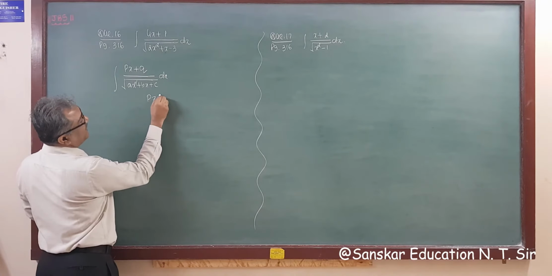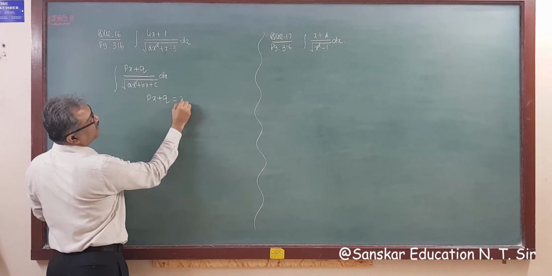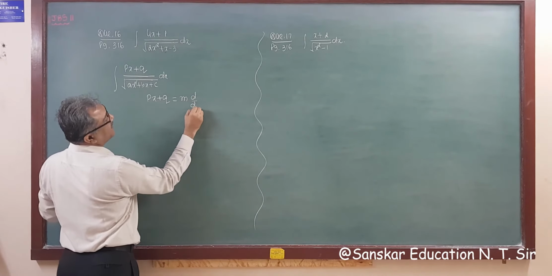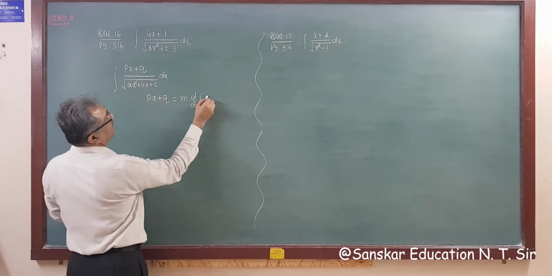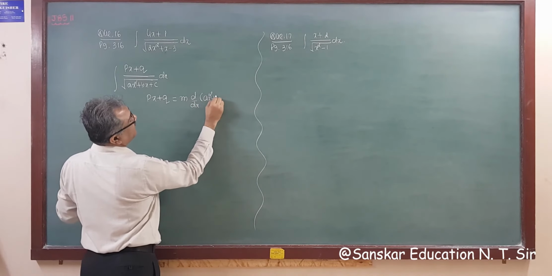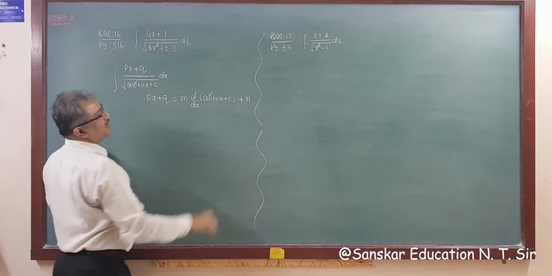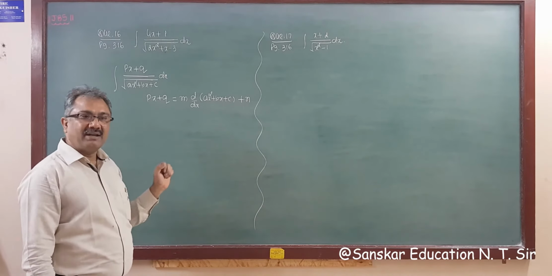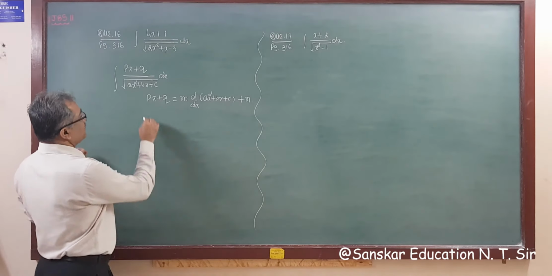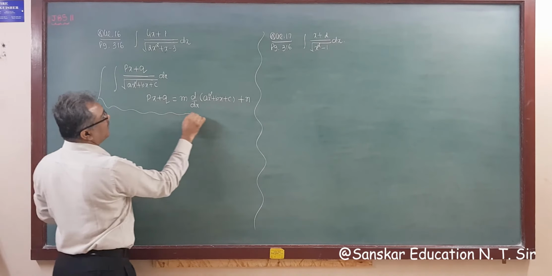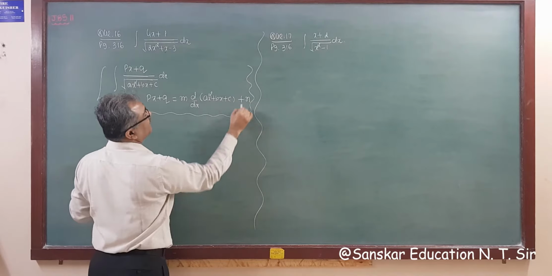So you have to write px plus q is equal to some constant into the derivative of the denominator, that is ax square plus bx plus c, plus another constant. So I am taking the constants as m and n always, as you know, right? So this is your procedure for this type of question.